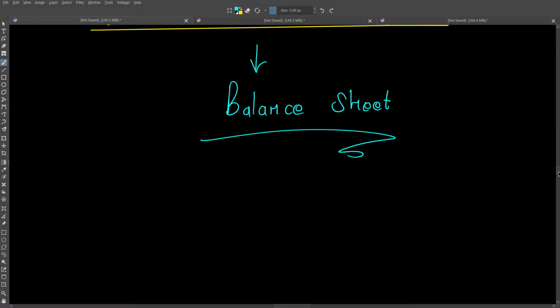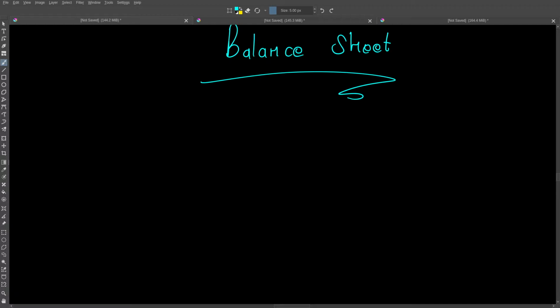So what is the balance sheet? The balance sheet is a report. It is one of the main financial statements, actually the most common financial statement.